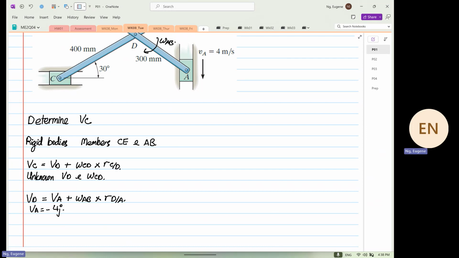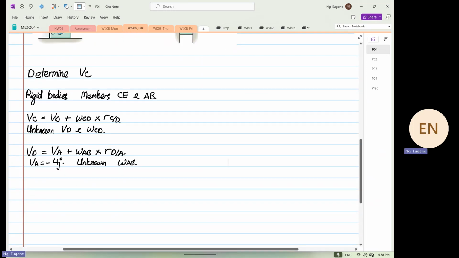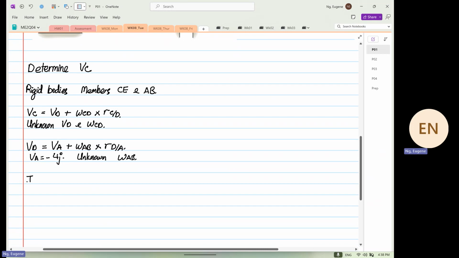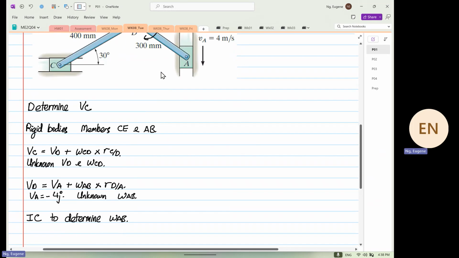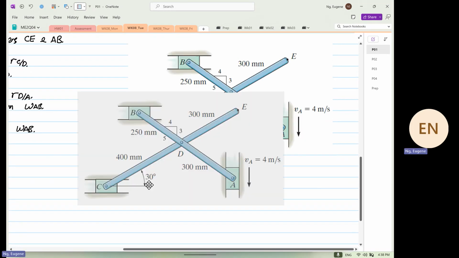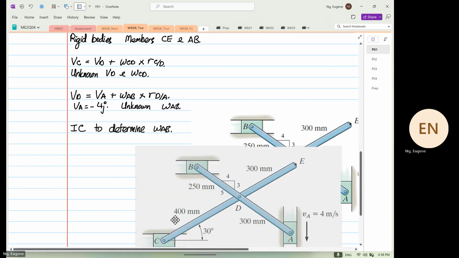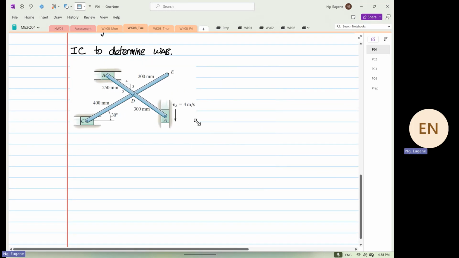But the unknown is our omega AB. So now what we are trying to do is use the instantaneous center to determine omega AB. This instantaneous center stuff is very graphical, yes or no? So I'm going to have the diagram here to help me out, and I will apply the instantaneous center method.